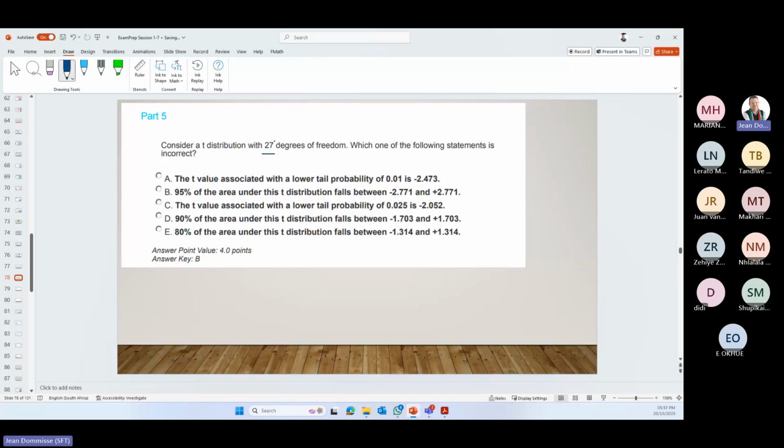For somebody it might be 27 degrees of freedom, for somebody 29, and for somebody something different. So they said consider a T distribution with 27 degrees of freedom. Which one of the following statements is incorrect?